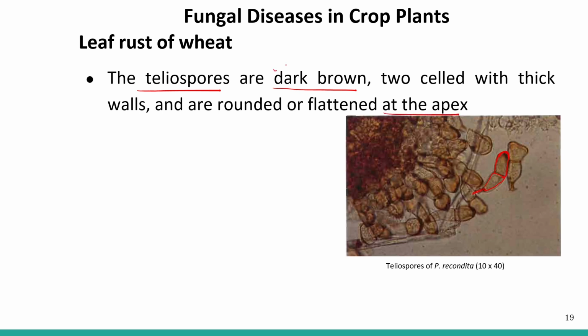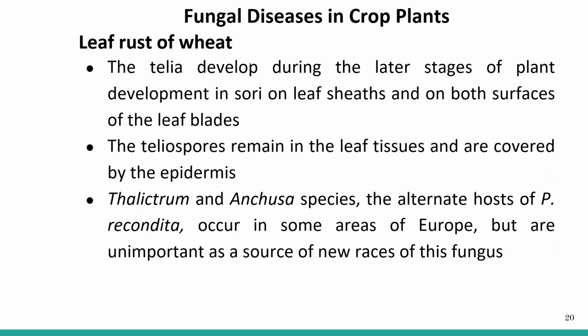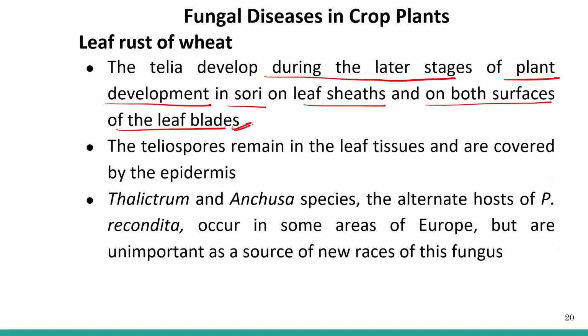So this is quite dark brown in color, that is teliospores. The telia develop during the later stages of plant development in sori, on the leaf sheath and on both surfaces of the leaf blade. So these telia pustules can be found on both the upper and lower surface of the leaf, and there is a development of sori on the leaf sheath.